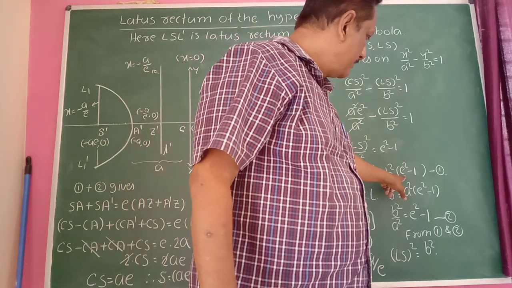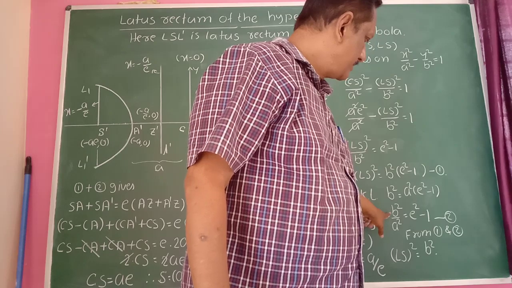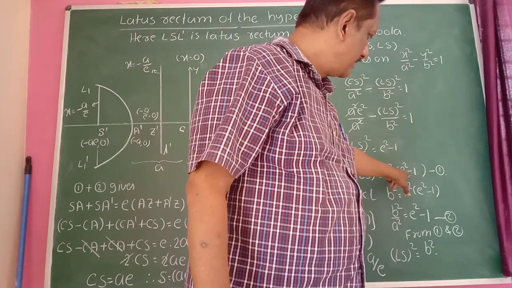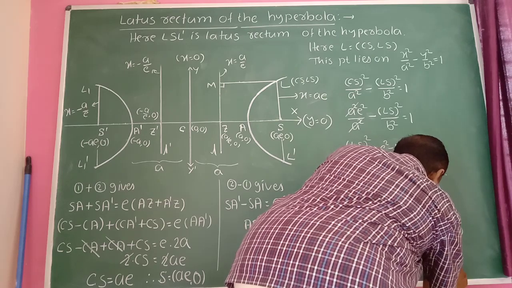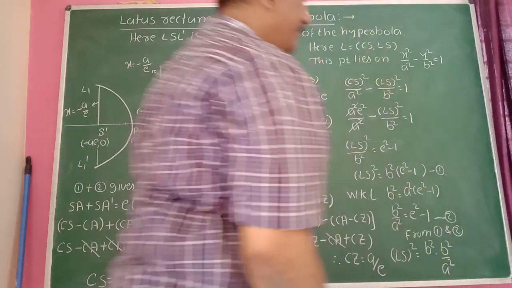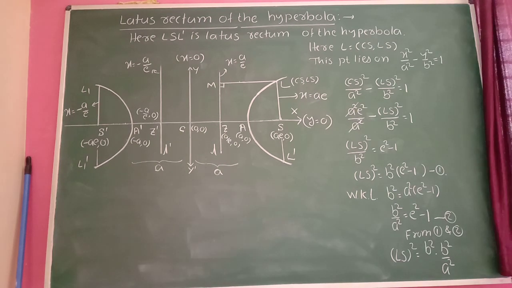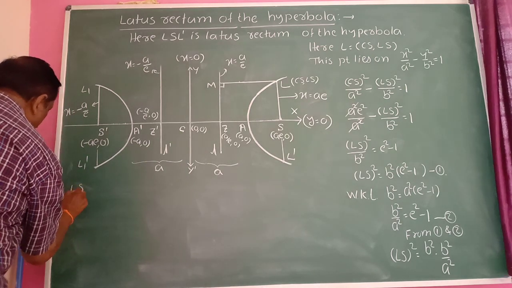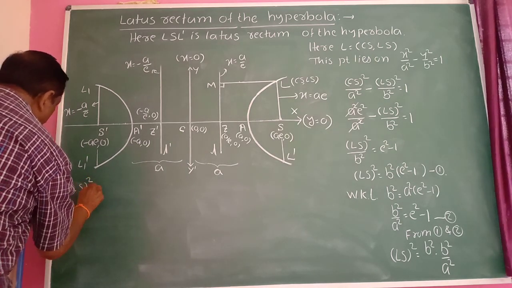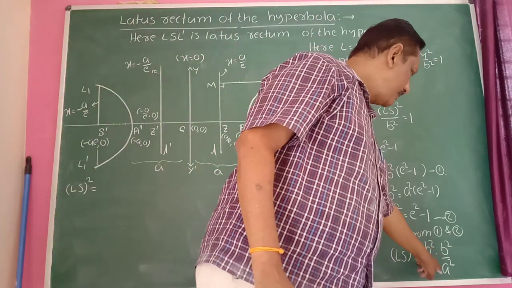Therefore use e² minus 1 is equal to b² by a². Just use this one here. So b² upon a². Therefore LS² is equal to b² into b² by a², that is b⁴ upon a².